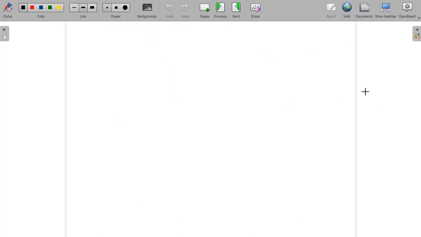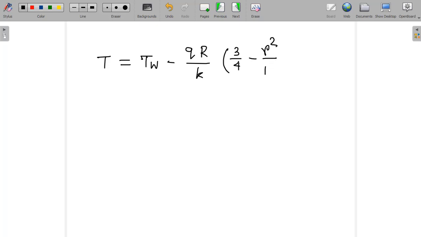If you do that, you will end up with T is equal to T wall minus Q into R divided by thermal conductivity into 3 by 4 minus r square divided by capital R square plus r to the power 4 divided by 4 into R to the power 4.